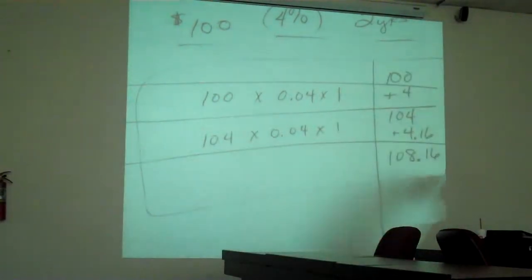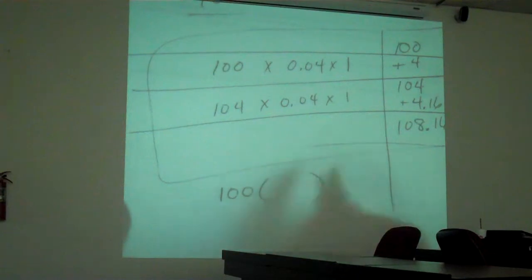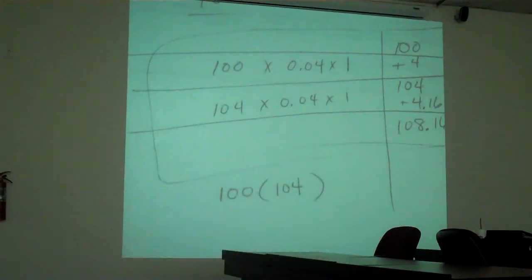Okay? Instead of doing all this work, you can go like this. You can do $100. And the first year you're going to have 104%. You're going to have 1.04. You're going to have 100% of what you had plus your 4%.